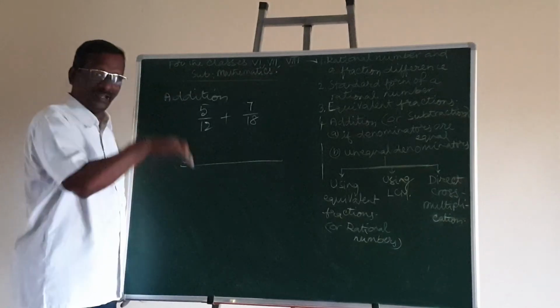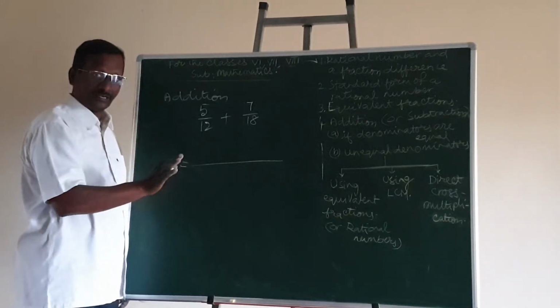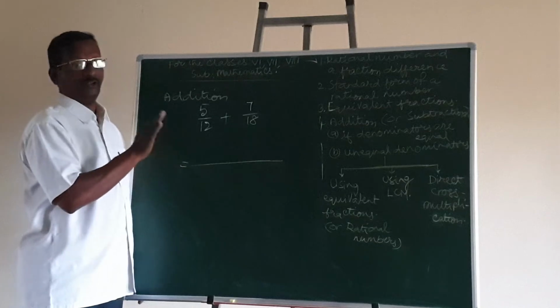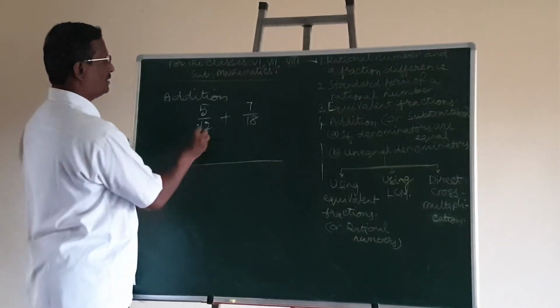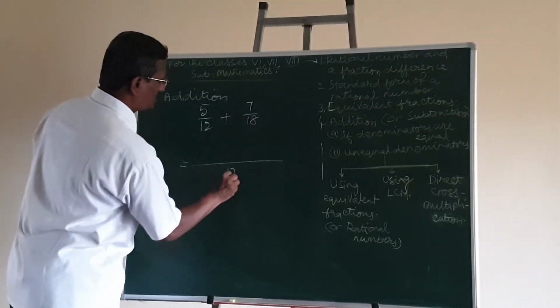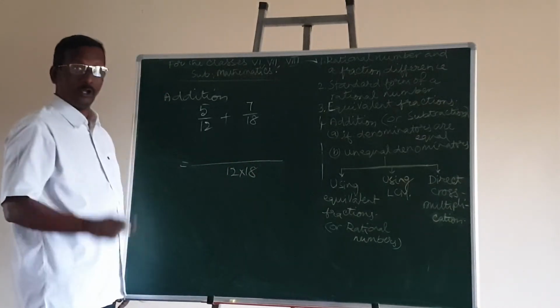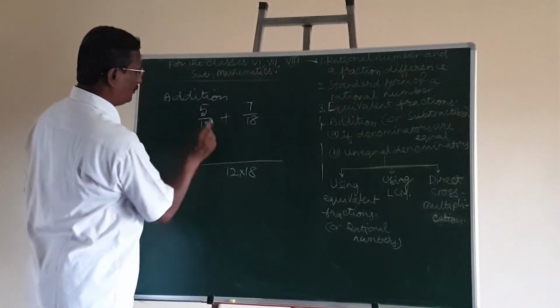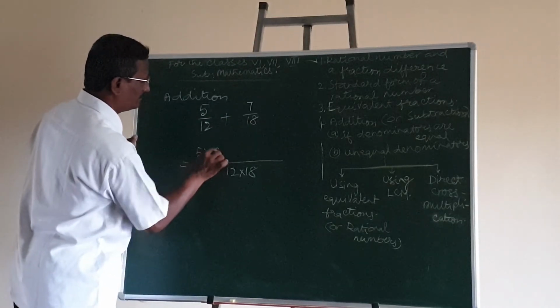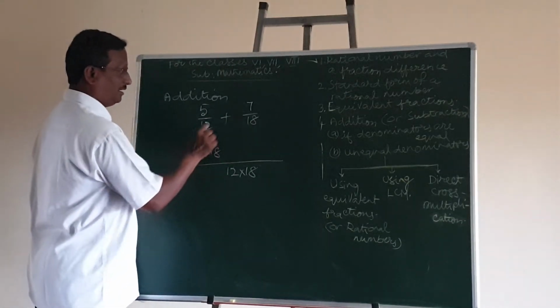This method is valley to hill. It is not suggested, but if necessary, we can use it. The product of the two denominators, 12 into 18, is product number 1. Product number 2 is 18 into 5, and product number 3 is 12 into 7.